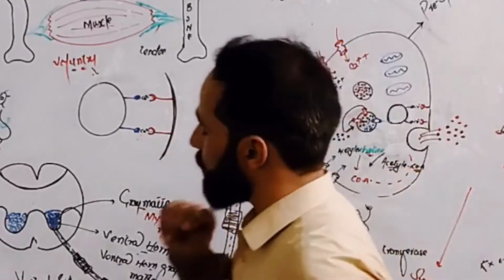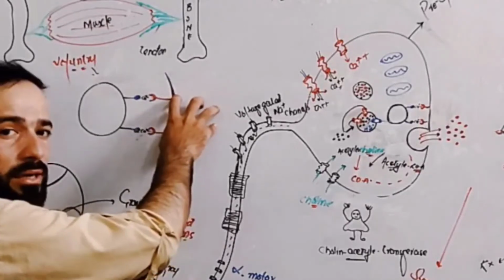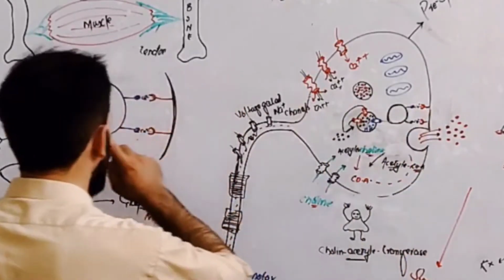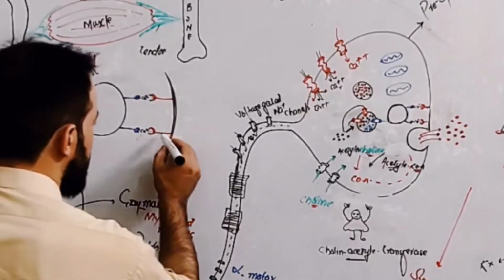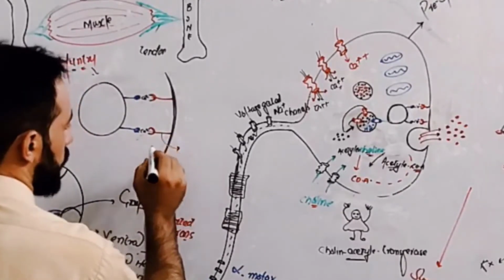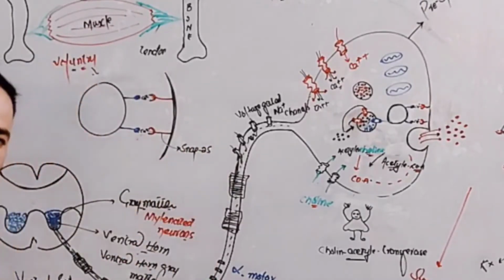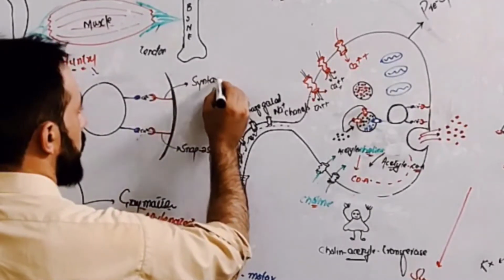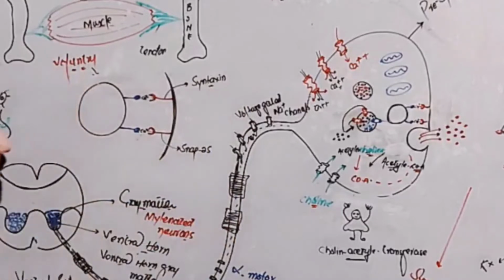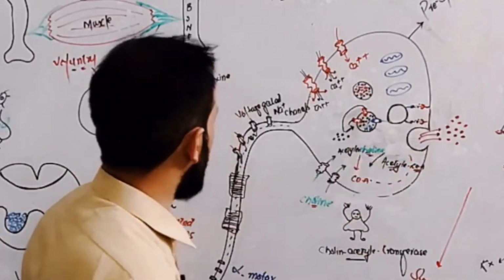So what are the names of these proteins which are present on the presynaptic membrane and on the membrane of the vesicle? This one is SNAP-25 protein, and this one is syntaxin. So syntaxin and SNAP-25 proteins are present on the presynaptic membrane.